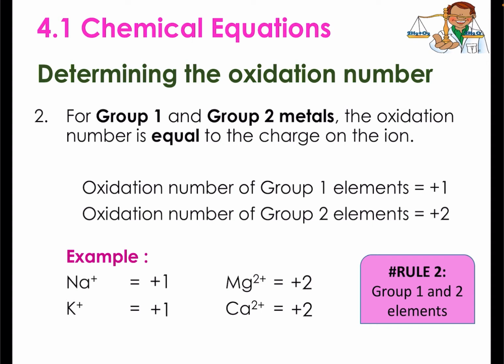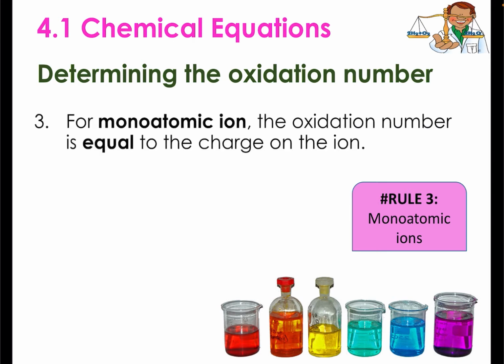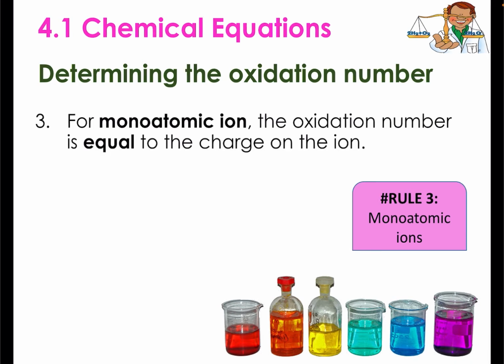Alright, let's go to the third rule. The third rule applies to monoatomic ions. For a monoatomic ion, the oxidation number is equal to the charge of the ion. For example, I have a few monoatomic ions here. My first example is O2-. How do I determine the oxidation number for O2-? The charge is 2-.